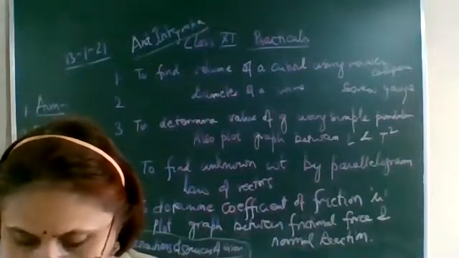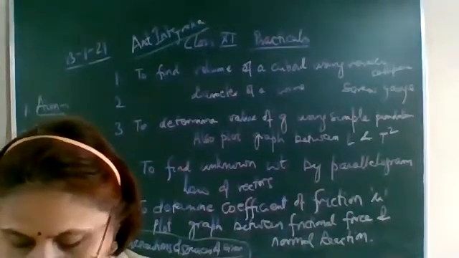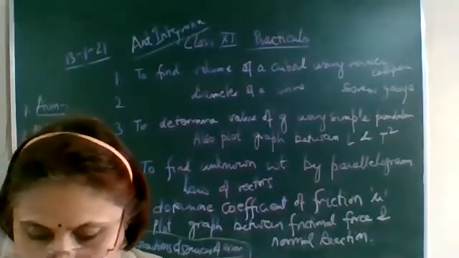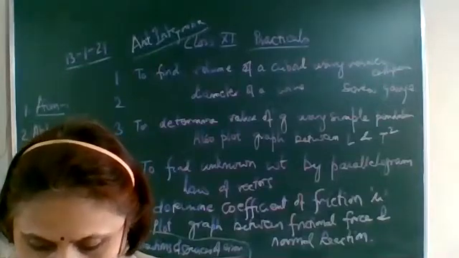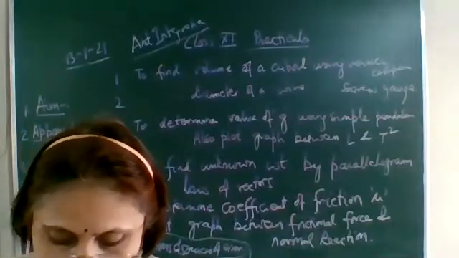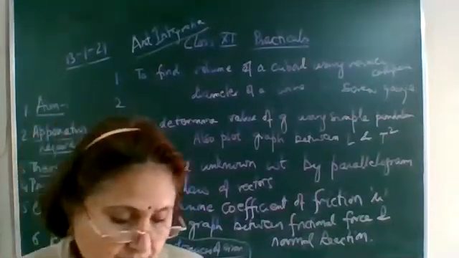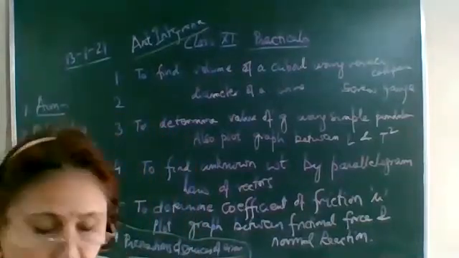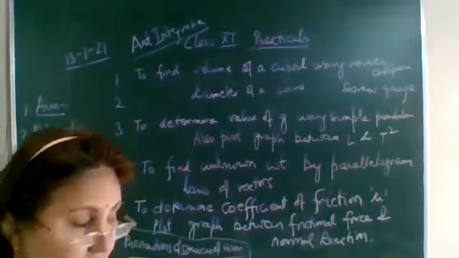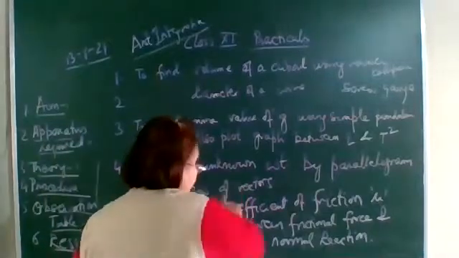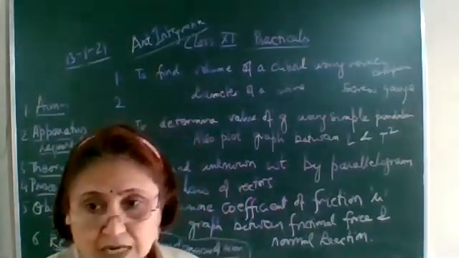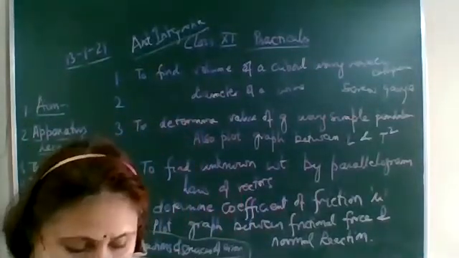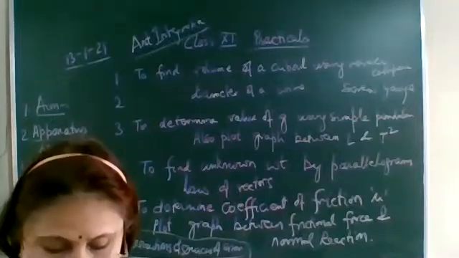Like here, I'll read it because now this has to be submitted to the board. Study of various materials, like in the simple pendulum, you will be using a thread. In the experiment parallelogram law of vectors, again you will be using thread and some unknown weights. Some weights will be there.